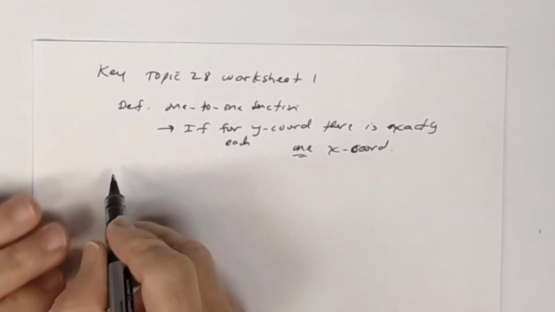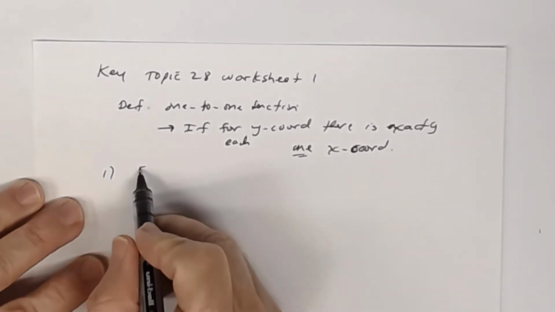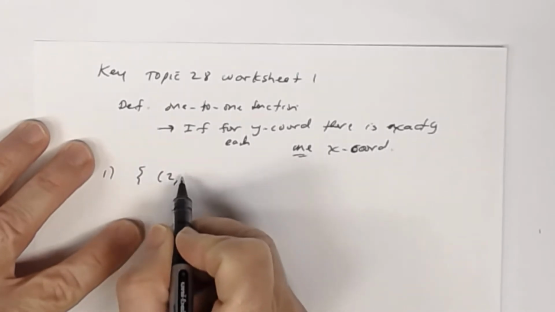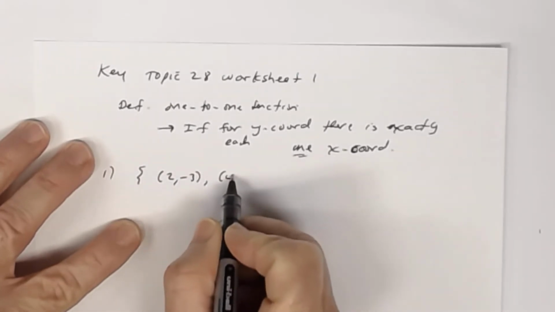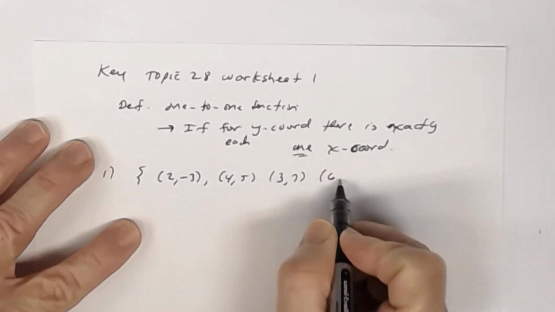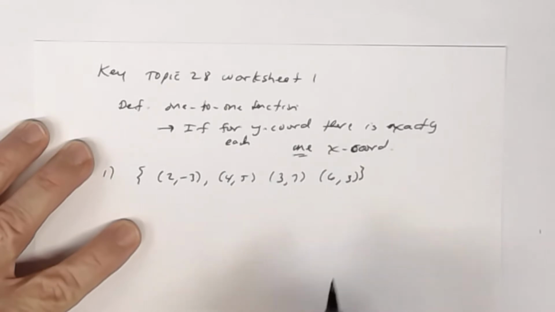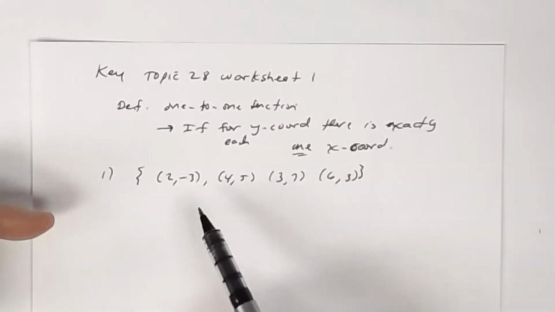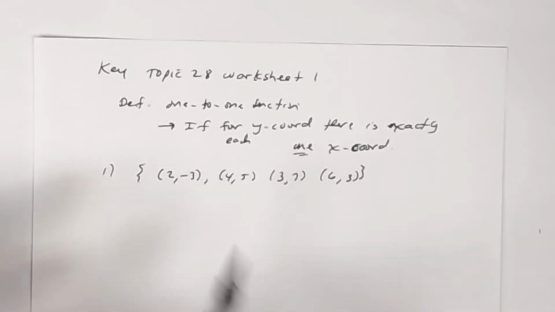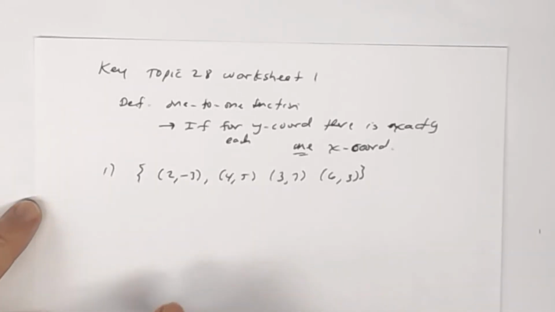All right, so number 1, we have this set of ordered pairs. So we have this relation: (2, -3), (4, 5), (3, 7), and (6, 3). Now, notice you're told this relation is a function, but the question is, is this function one-to-one?